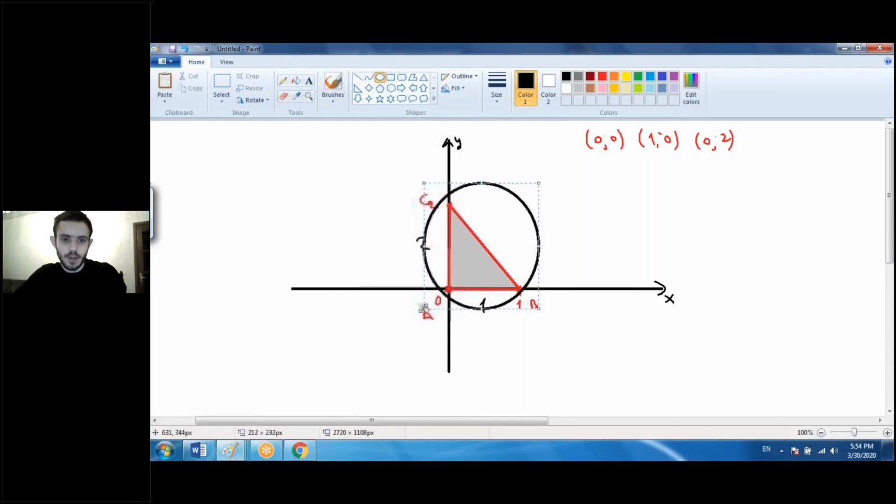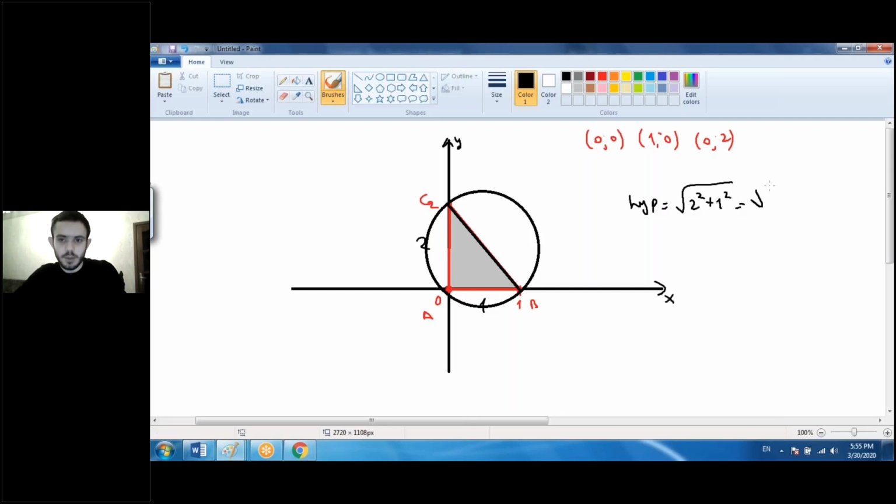about this triangle. So as you can see, the diameter of this circle is equal to the hypotenuse of this right triangle. So we have 2 legs. Using Pythagoras theorem, we can find that hypotenuse is equal to square root of 2 squared plus 1 squared, which is square root of 5, which is the diameter.